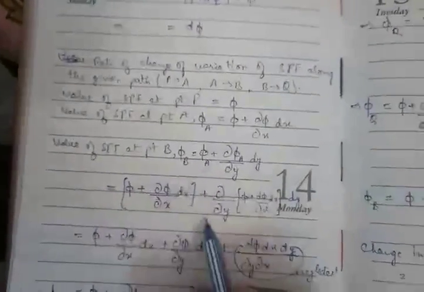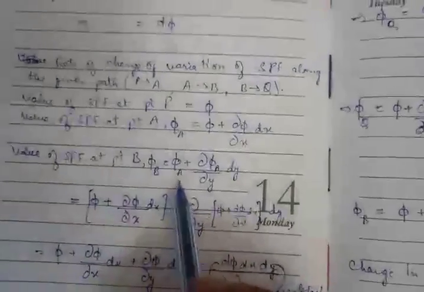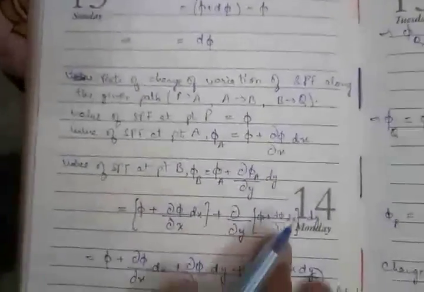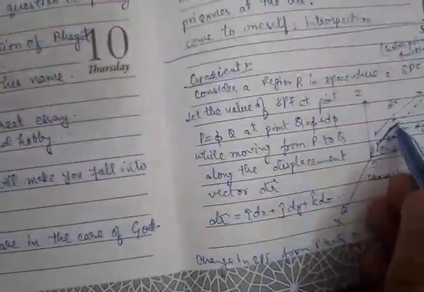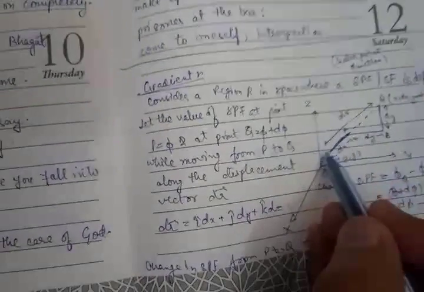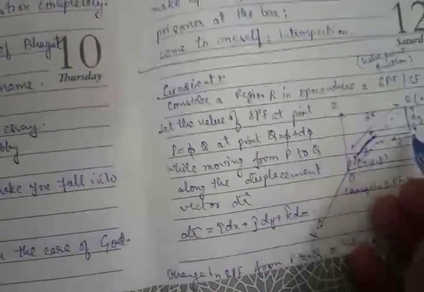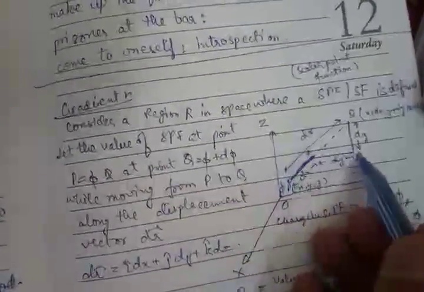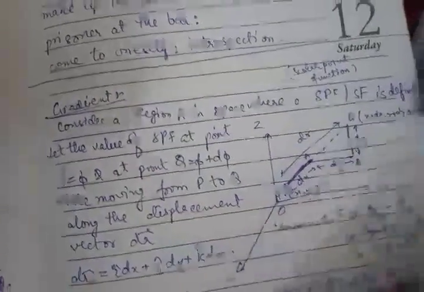Similarly, the scalar point function at B is given as the sum of the scalar point function at A, which is this point, as it has changed from this to this. So at B we will have the value of the function at A plus the rate of change in the y component multiplied by dy.